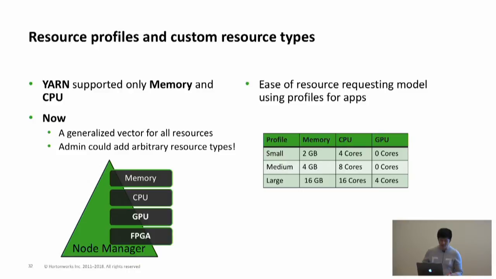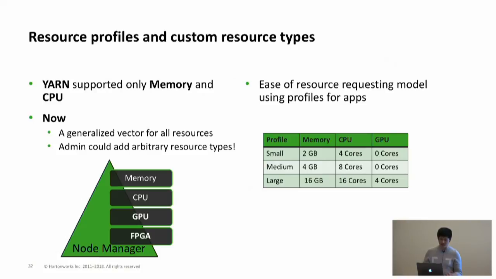Supporting different resource types is the foundation for any resource management platform like YARN or Kubernetes or other competitors. If we don't support GPU or FPGA, there are a lot of limitations, so to keep YARN updated and competitive, we definitely want to do this.